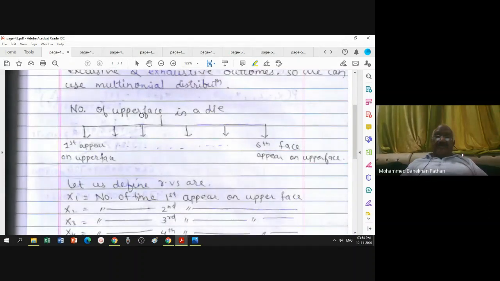Number of upper faces on a die, you may get 1 dot, 2 dot, like this, 6 dot on the upper face. So naturally there are 6 outcomes for every trial.